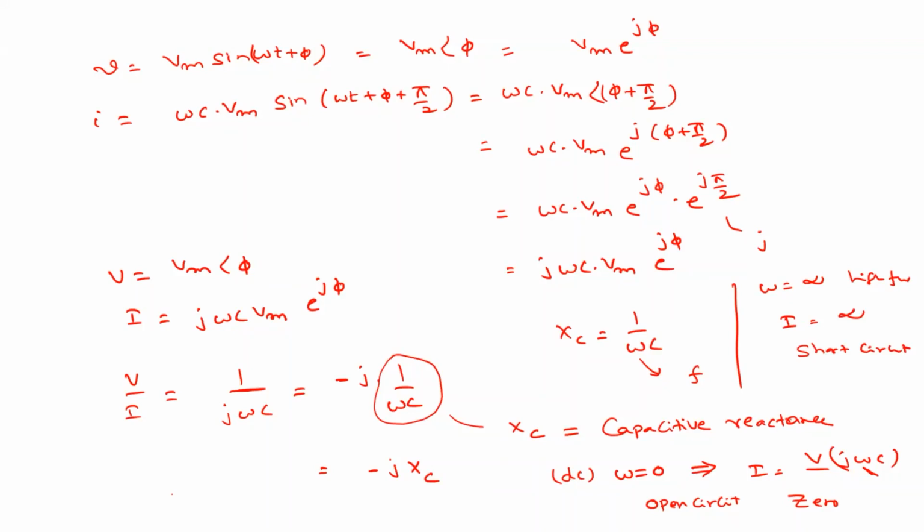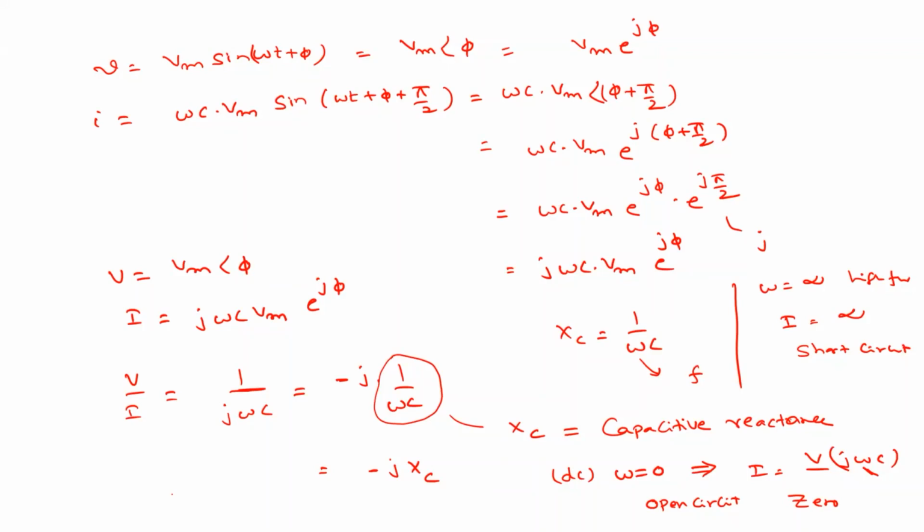For a high frequency supply, the inductor is open circuited and the capacitor is short circuited. In other words, open circuit means current is 0, short circuit means the current is infinite, practically a very large value.